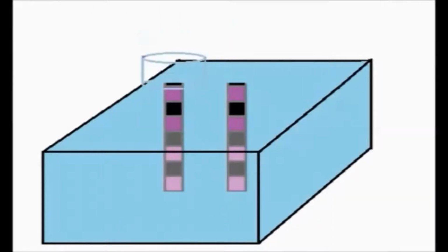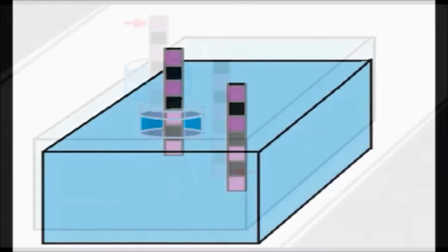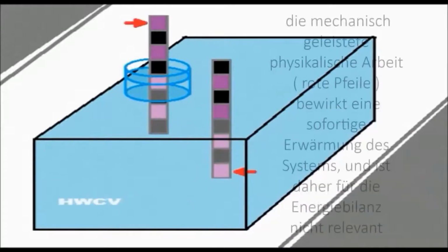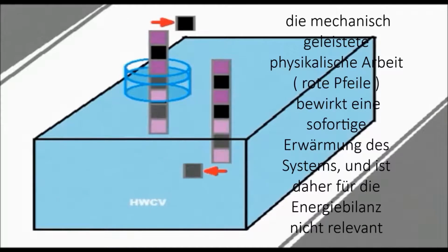With this, our floaters are now some cubes, and as you can see in the animation, you can change these cubes from the floater inside the capillary to the floater outside the capillary, and for this you have a circulation.